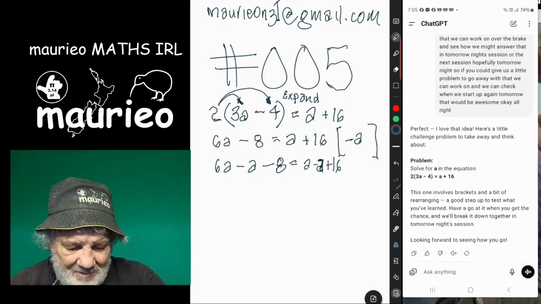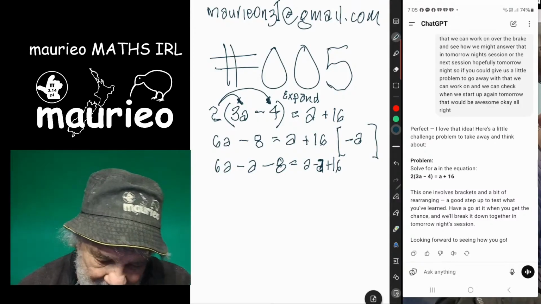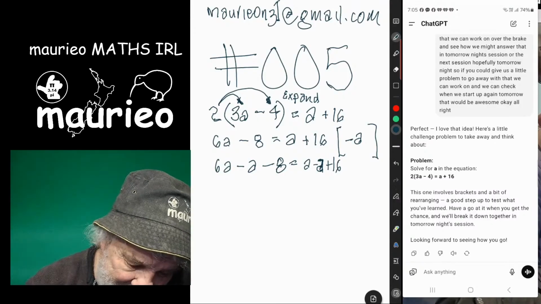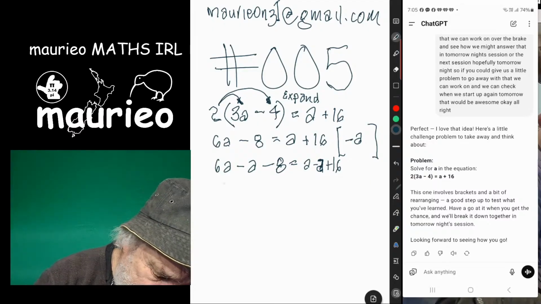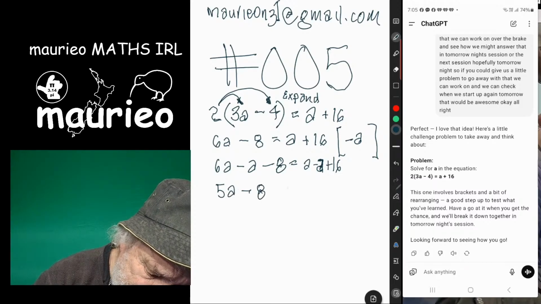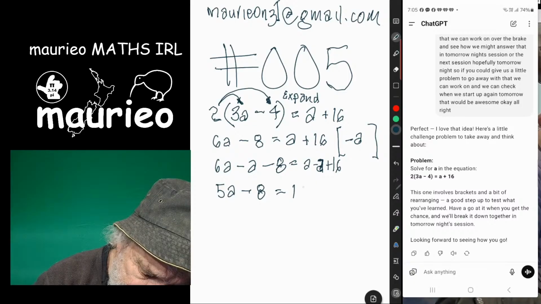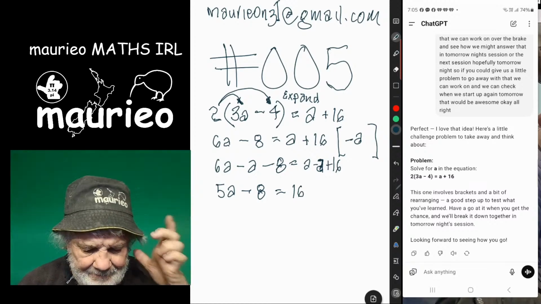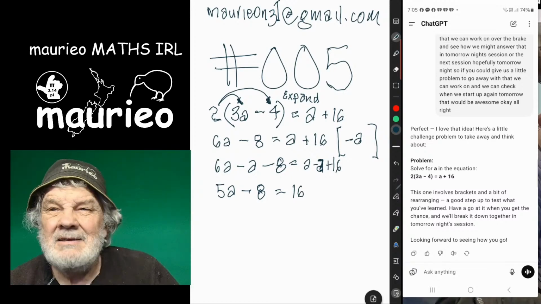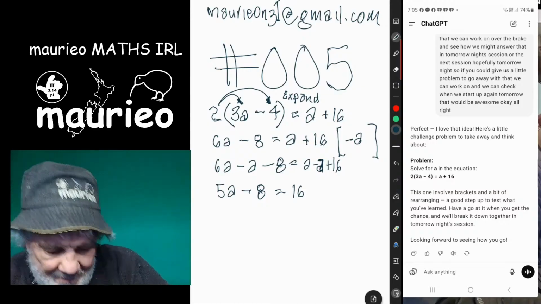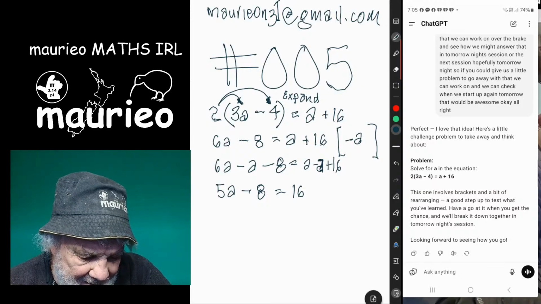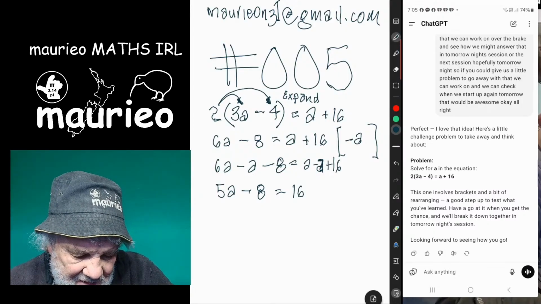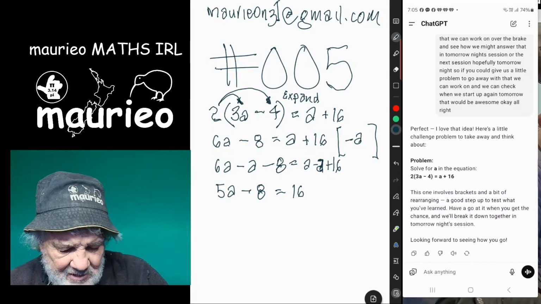Let's subtract a from both sides, and then we'll work that out. So 6a minus a is 5a minus 8 equals 16. Is that right? 5a minus 8 equals 16.